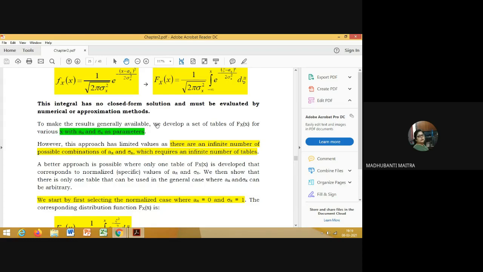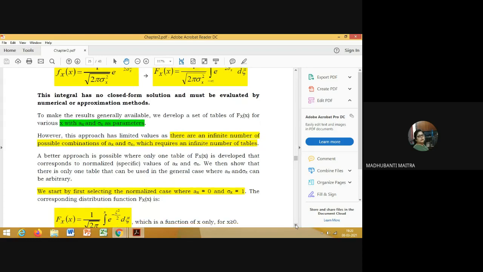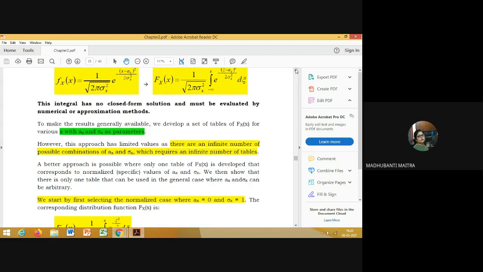Now, what is the problem if we go for this kind of solution? For different sets of a_x and sigma_x, we'll have to use a different table. Theoretically we'll be requiring an infinite number of such tables, as the combinations of a_x and sigma_x could be infinite.